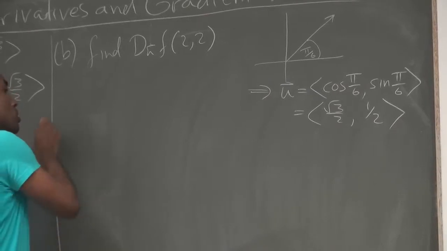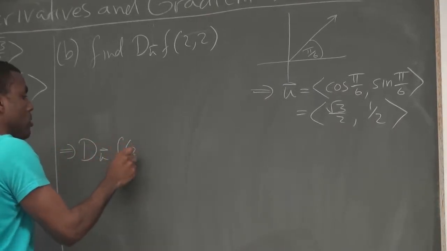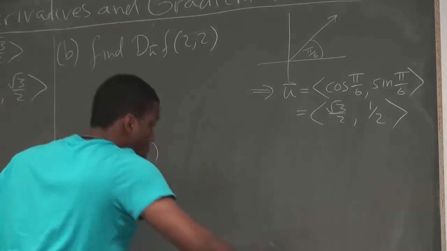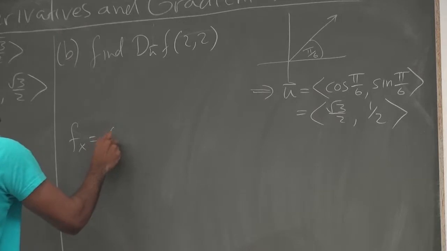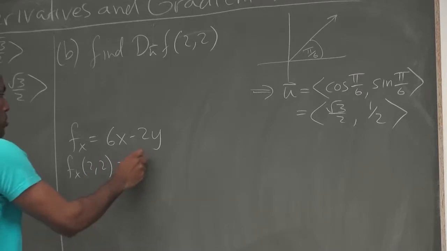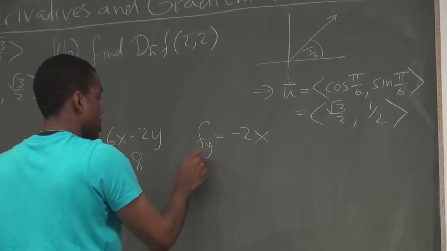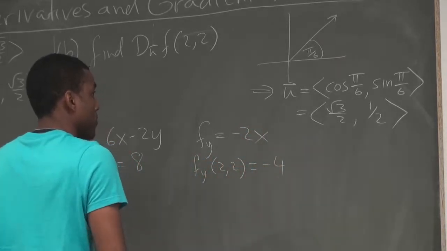And so here, f at (2, 2). Well, we have to compute it for the new point. We did (1, 1) last time. So now we know f_x equals 6x minus 2y. This means f_x at the point (2, 2) is 12 minus 4, which is 8. f_y is minus 2x, so f_y at the point (2, 2) is minus 4.